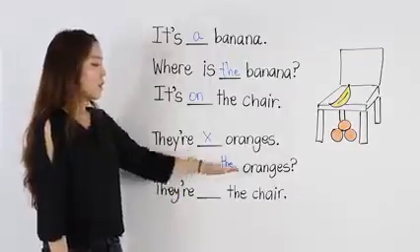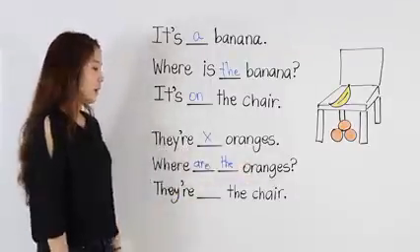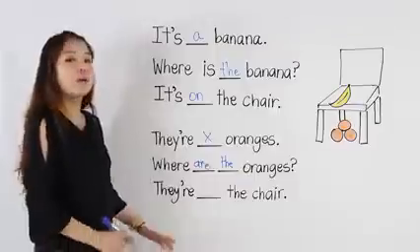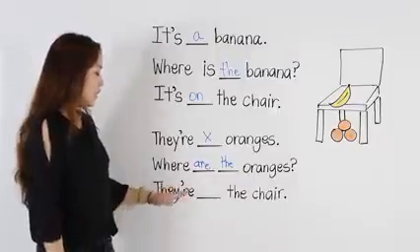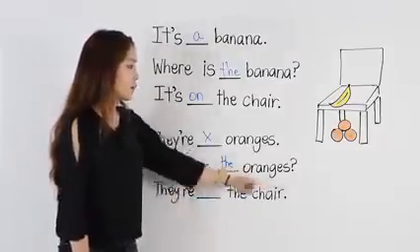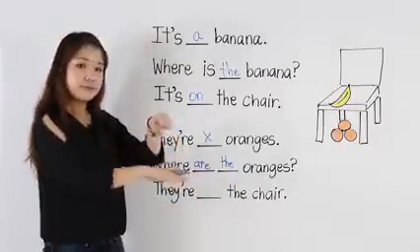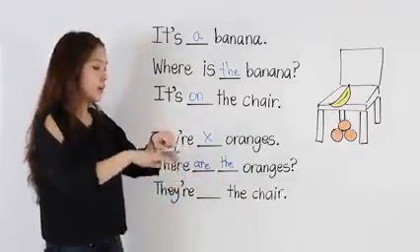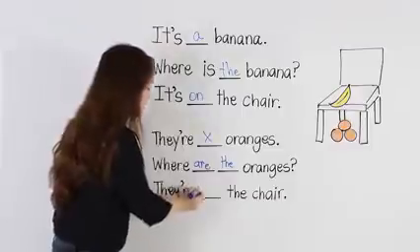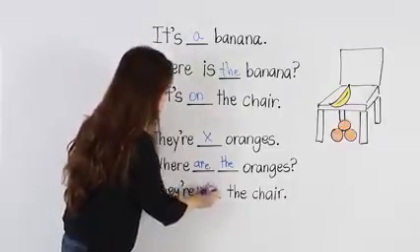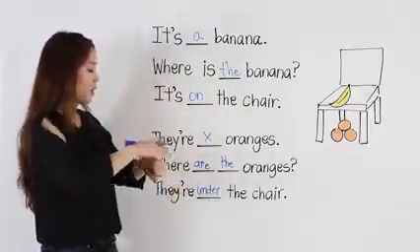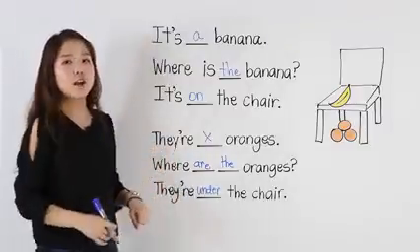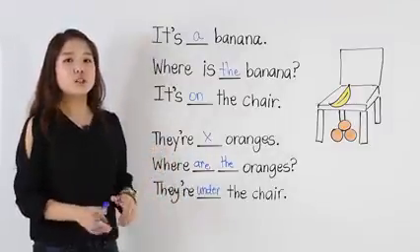Where are the oranges? Okay, now let's think about the preposition. There, the chair. Okay, the preposition we need is under. Okay, they're not on, they're under the chair. Okay, let's move on to the last part.